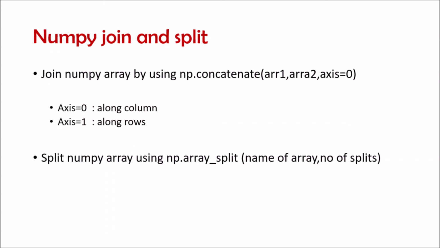For column concatenation, you have to specify axis equal to 0, and for rows it should be 1. Similarly, in case of splitting the NumPy array, use the command np.array_split, and you have to specify the name of the array you want to split, and the number of splits you want.